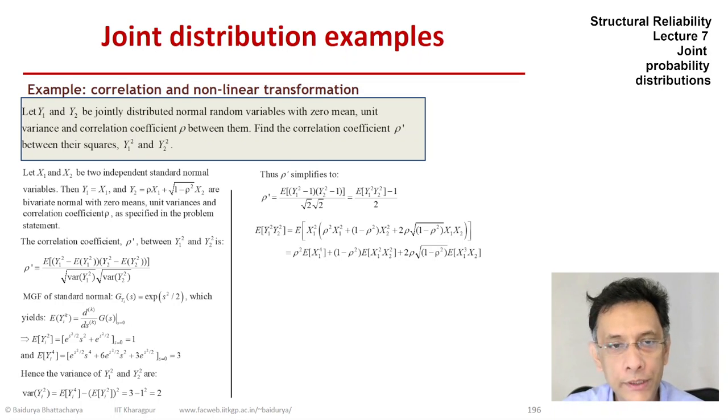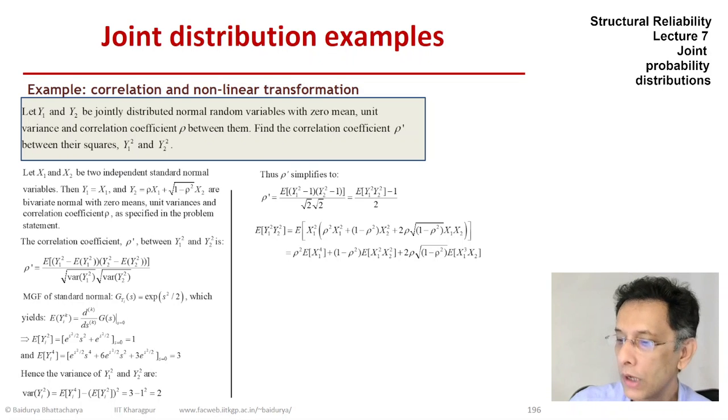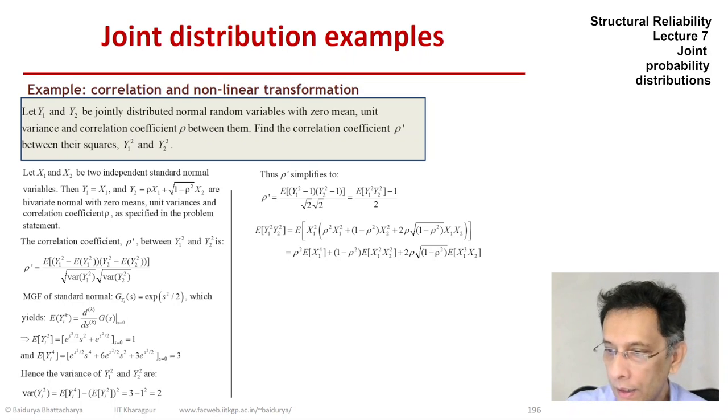We know most of these. Actually, we know all of these because x1 and x2 are independent. So the expectation of x1 cubed being an odd moment is 0 because x is the standard normal. The others we have already found out through the moment generating function.